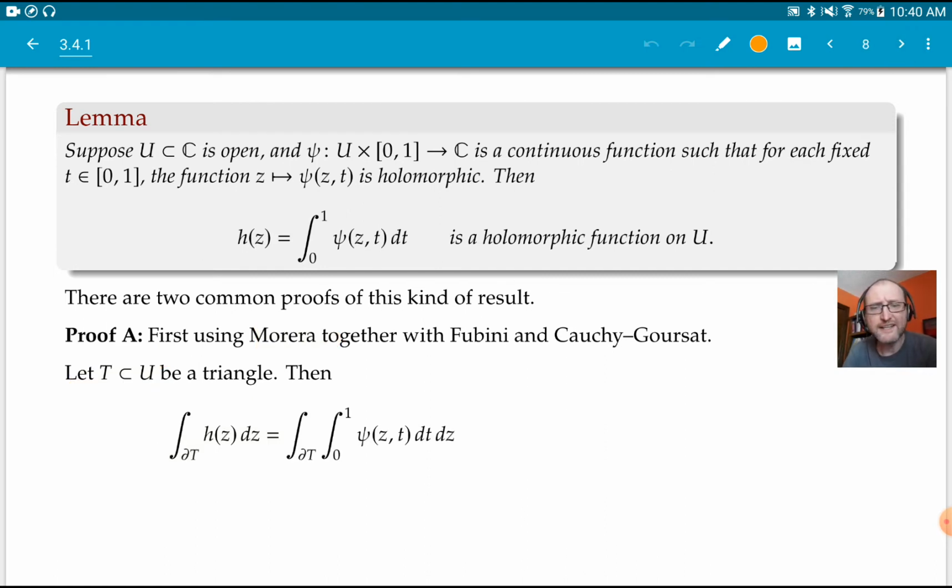So let's just write down what that is. Let's write down what H is. H is just this expression, that's the definition of H. So now what we have is two integrals. This integral over here is really a sum of three integrals over intervals.